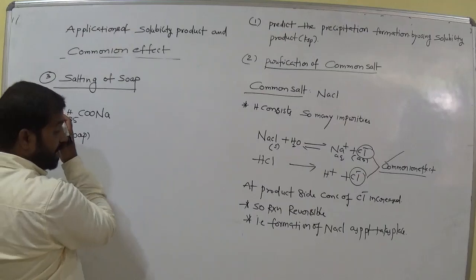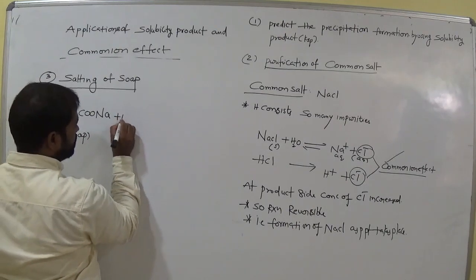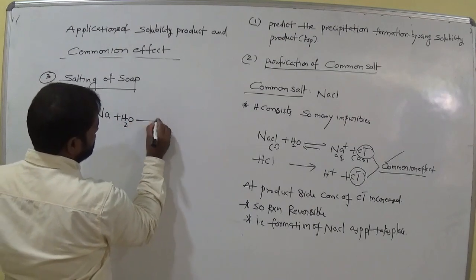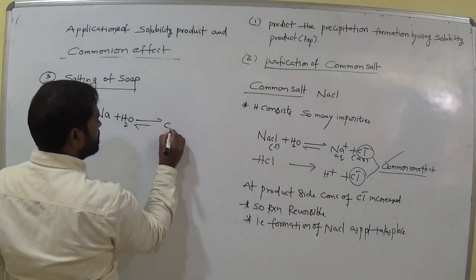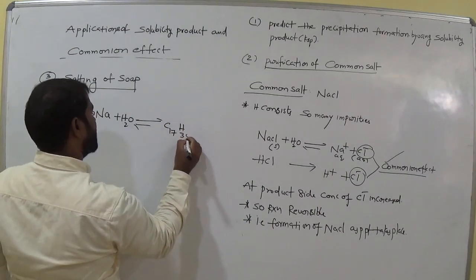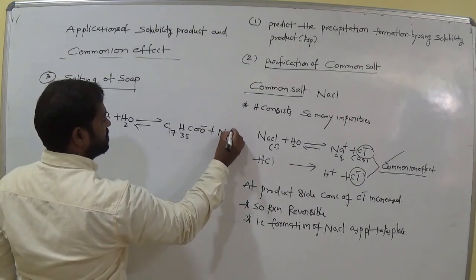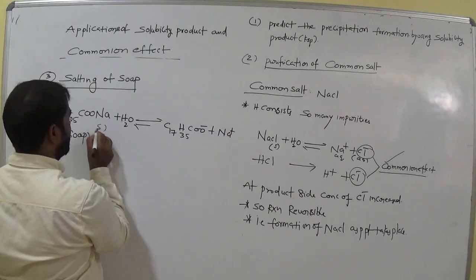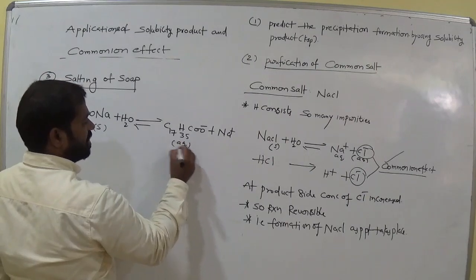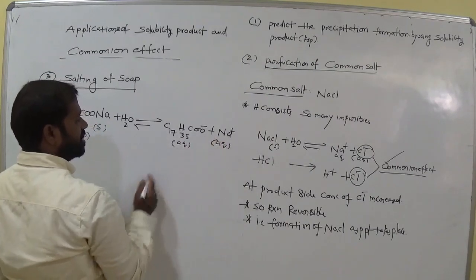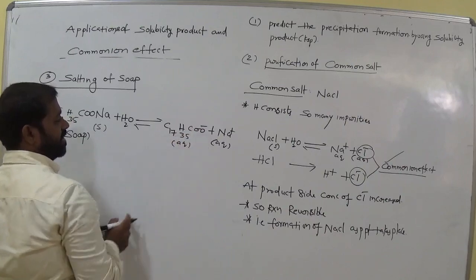Sodium stearate, when dissolved in water, soap is dissolved in water. So what are the ions produced here? C17H35COO- and Na+ ions. It is solid here, it is aqueous, and this one is aqueous. Okay, stearate ion, we call it stearate ion.